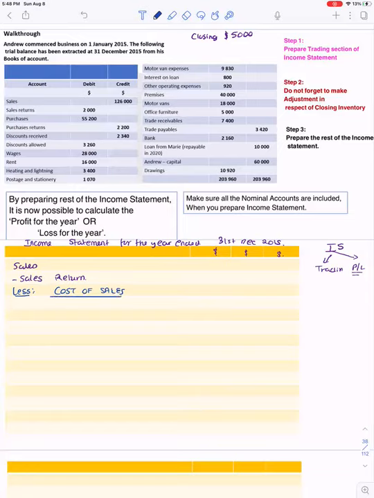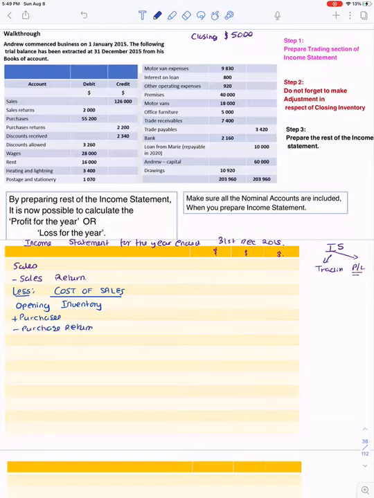Our cost of sales is made up of opening inventory. We do not have opening inventory, however, we do have the purchases and purchase returns. So I will write the opening inventory. Our cost of sales is made up of opening inventory, add purchases, minus purchase return.